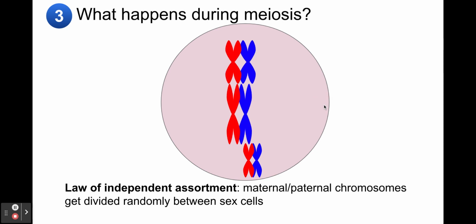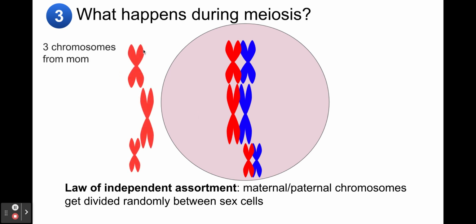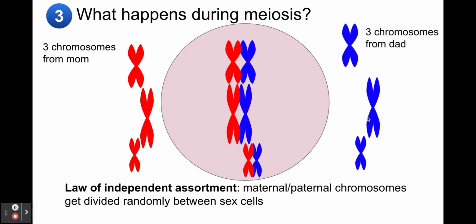What if the lineup looked like this? Well, then when I separate these homologous chromosomes, I'm going to end up forming 2 sex cells that have all chromosomes from mom and 2 sex cells that have all chromosomes from dad. But it's even more complicated because remember what happens when our homologous chromosomes are lined up in the center like this?